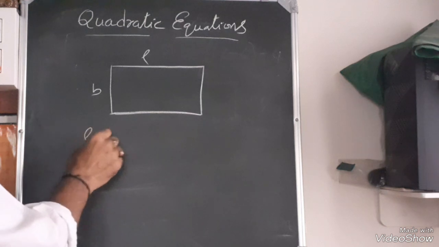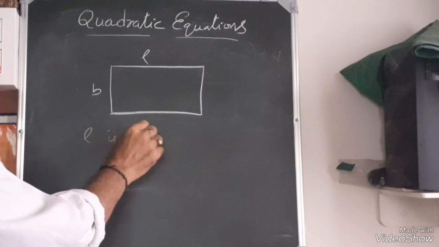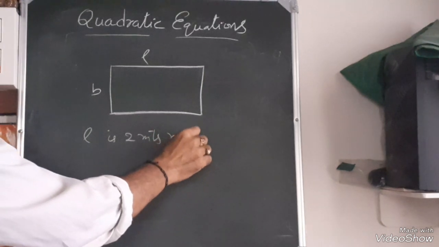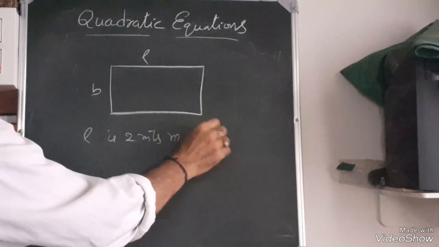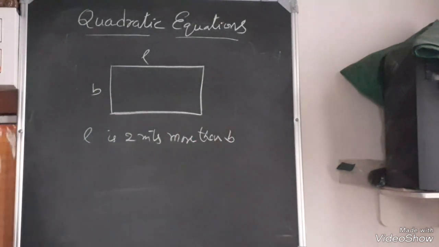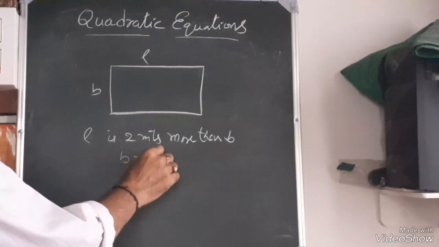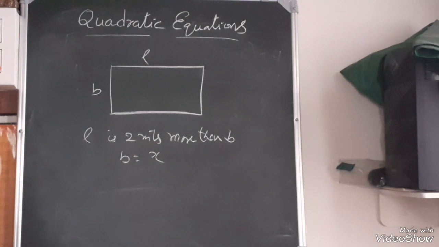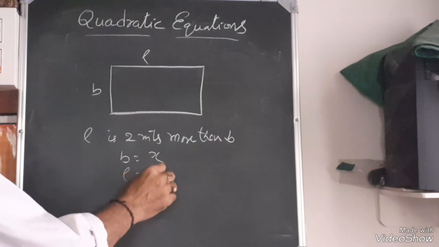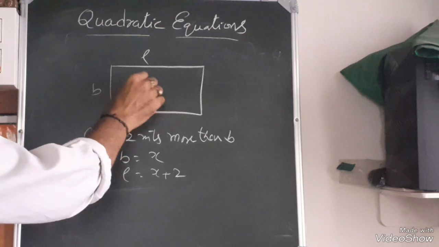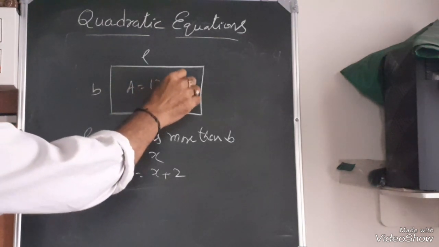Length is 2 meters more than breadth. So we can take breadth equal to x meters, length is x plus 2, and area we know is 120 square meters.